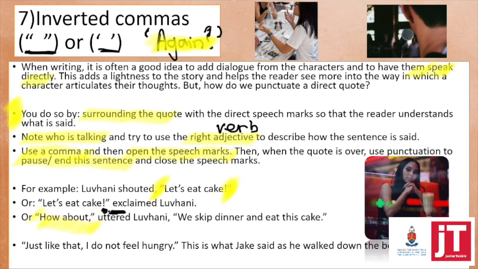Uttered Luvani, comma, because now we've clarified who is speaking and we want to move back into our direct speech, so we need to pause. We need to allow for that punctuation. "We skip dinner and eat this cake." Luvani, you make some choice decisions, if that makes any sense.